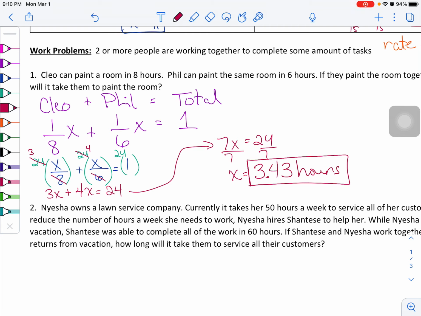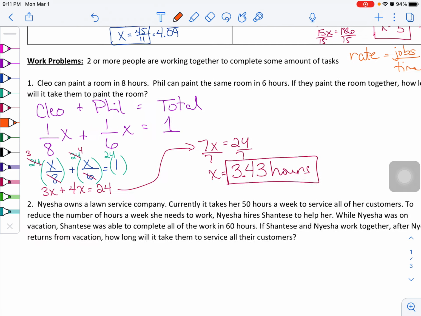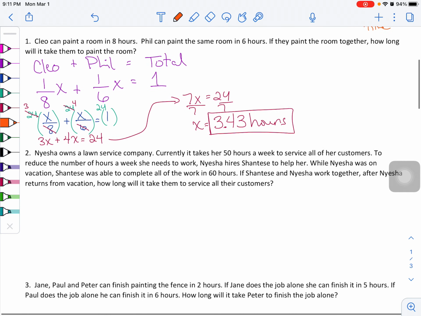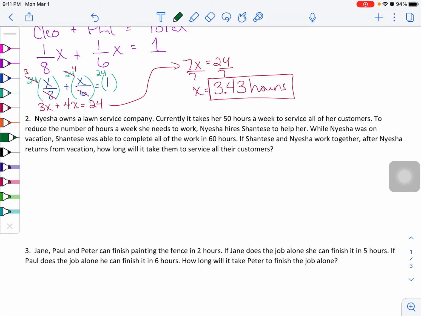What we just figured out was that if Cleo and Phil work for 3.43 hours, almost 3.5 hours, they would be able to paint one room together. So working together is faster than either one of them by themselves. And so we set up this equation to figure out what it would do for them working together. So that's problem number 1, and that's a work problem.